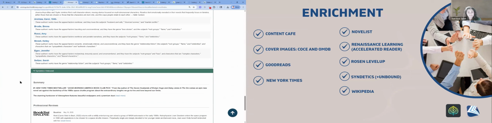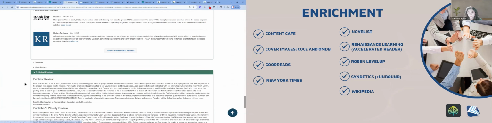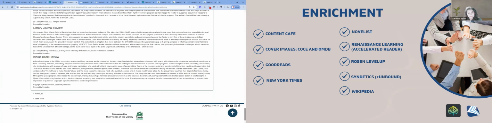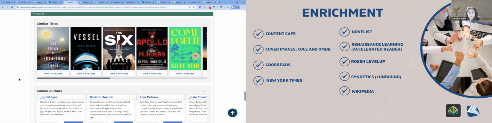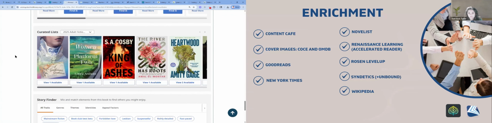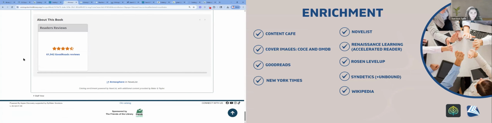I can also integrate Syndetics Unbound. Also reviews from Syndetics, and a different view of Novelist called Novelist All-in-One, where all information coming from your Novelist subscription is displayed conveniently in one box. So here you will find all information together.